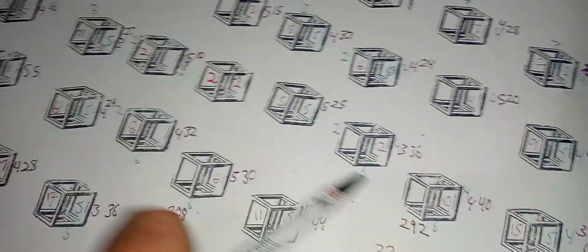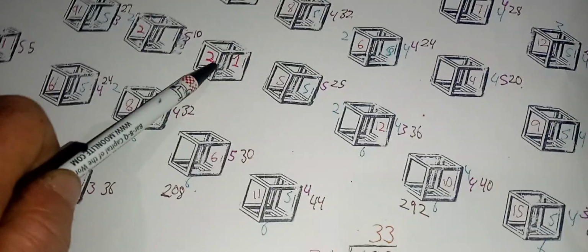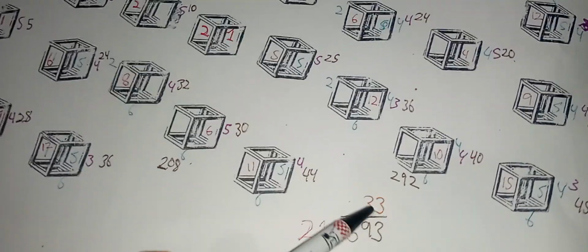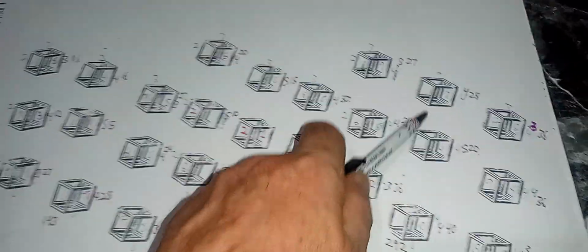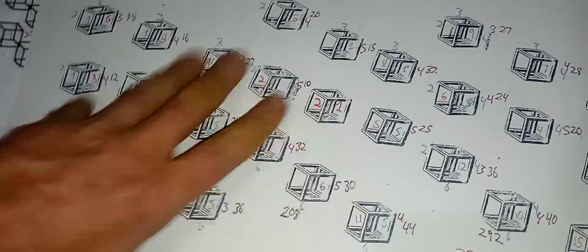When you add all these up, you get 693. Dividing 21, the original central ghost number, into that gives you 33, which overshoots this 27 cube system by 6.